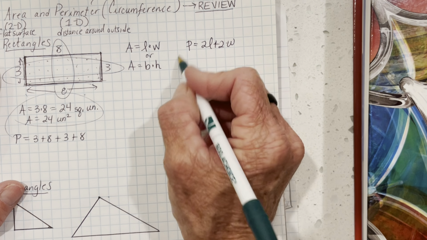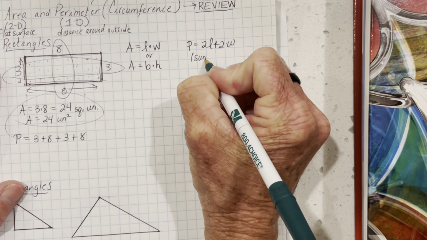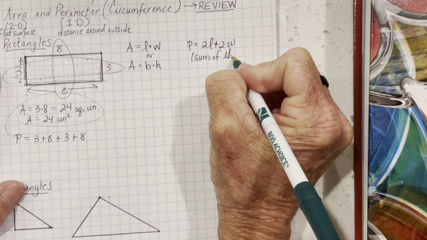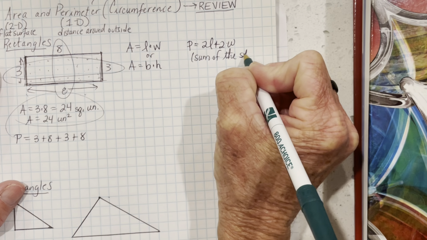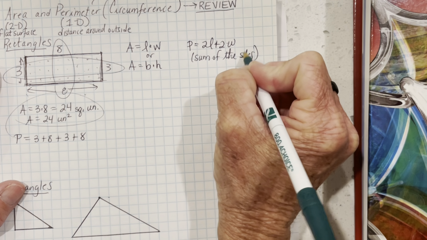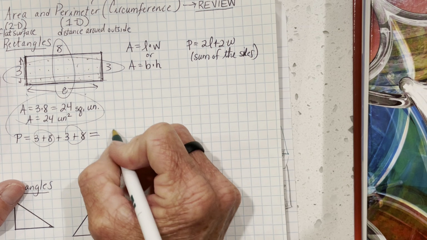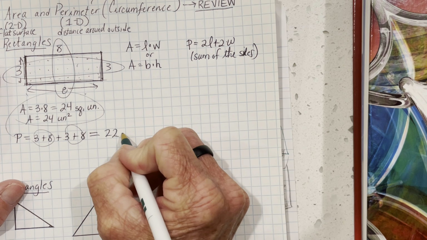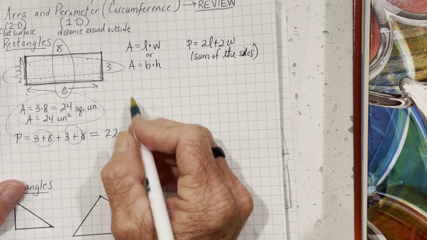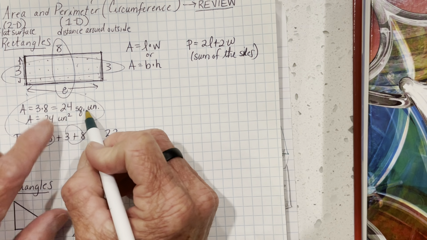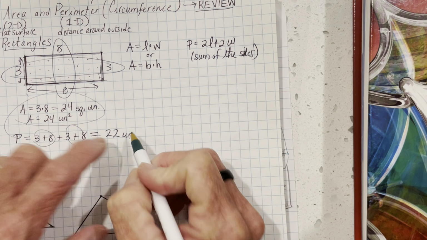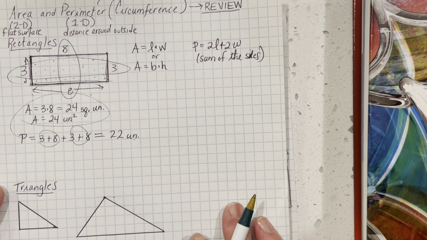But really you're just adding, it's just the sum of the sides, whether you feel like you need to use a formula for that or not in order to find the perimeter. So in this case, 11 plus 11, it has a perimeter of 22 units. Whatever these units were up here, if these were inches, this would be 22 inches. Okay, so that's the rectangle.